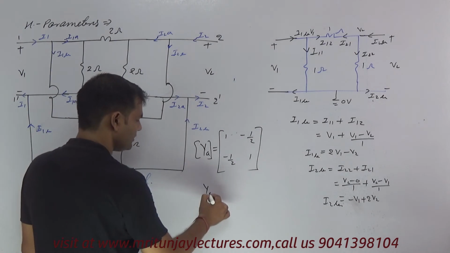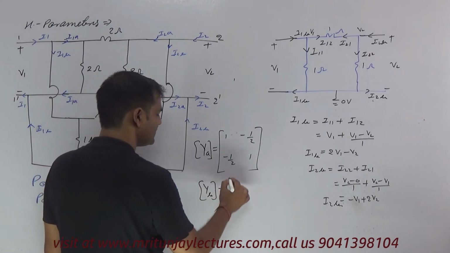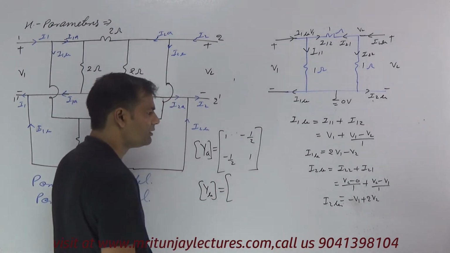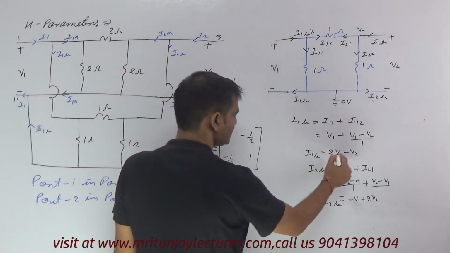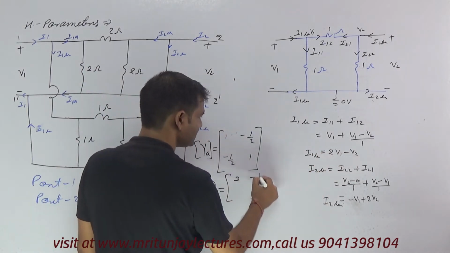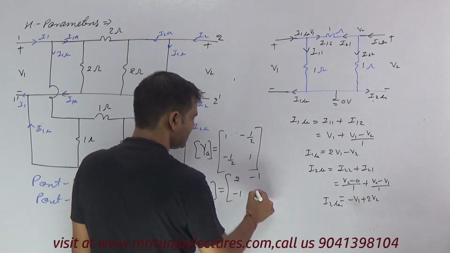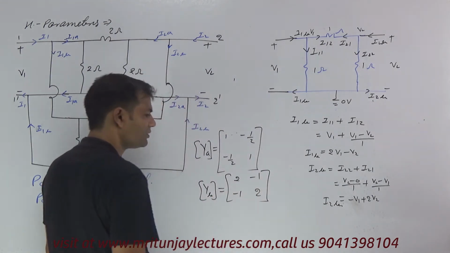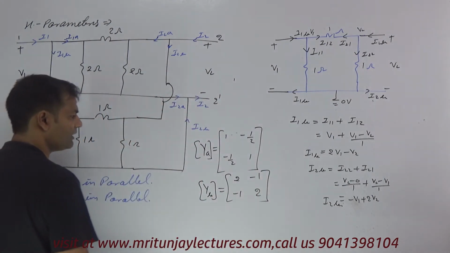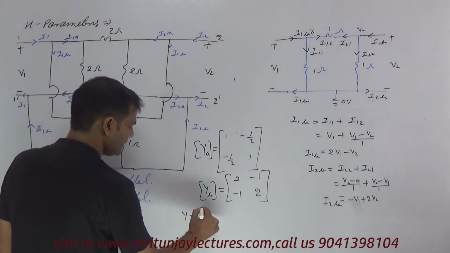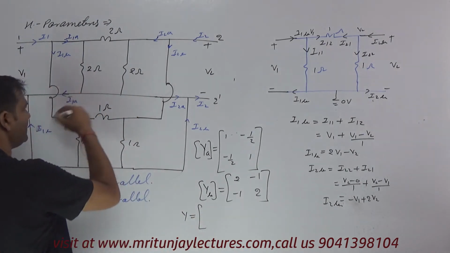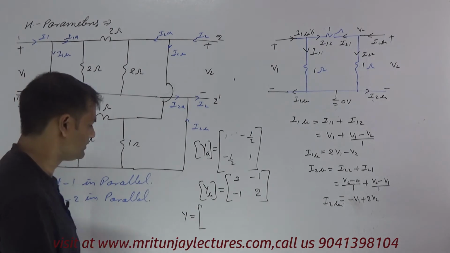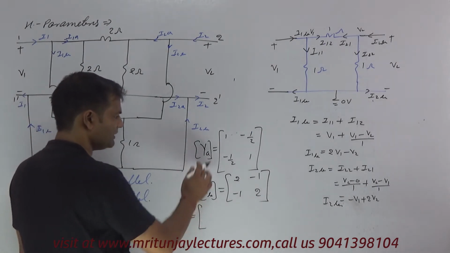Okay, now YB is written as 2, minus 1, and here that is 2. Okay, so net Y, both are parallel, port 1 and port 2, that's why. So net Y is YA plus YB.